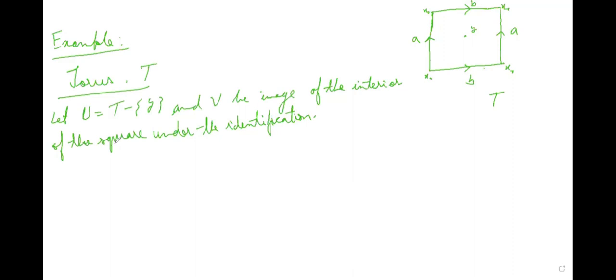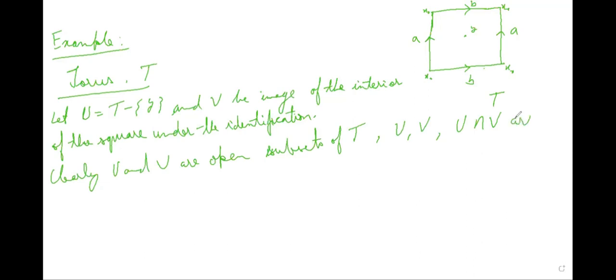Now clearly U and V are open subsets of this T, and U, V and U intersection V are path connected.